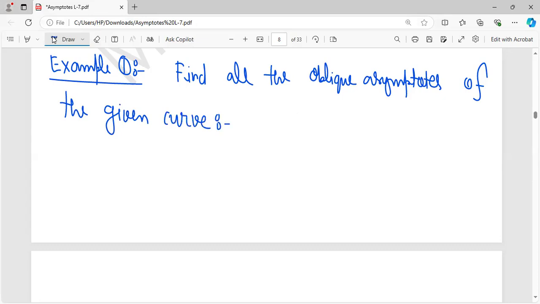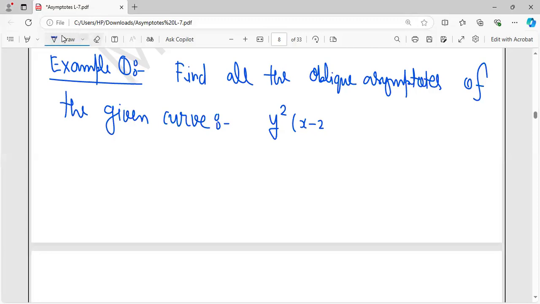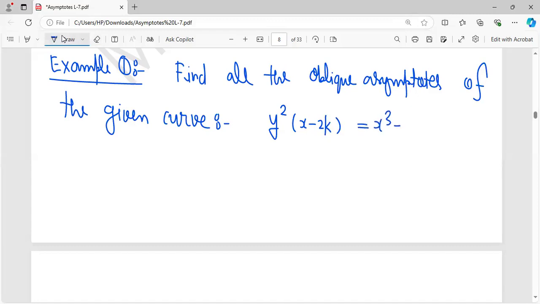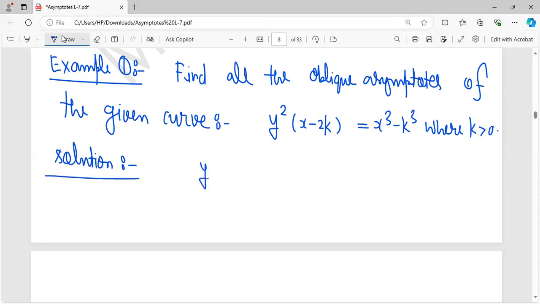What is the curve? y square times x minus 2k equals x cube minus k cube, where k is greater than 0. So y square x minus 2k we have, and then x cube minus k cube.